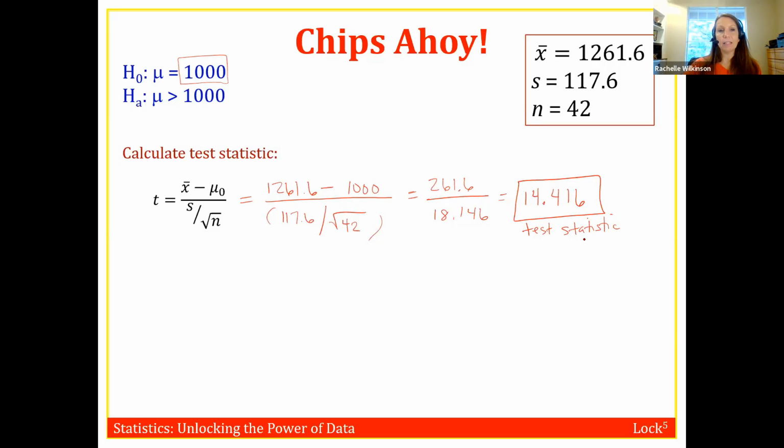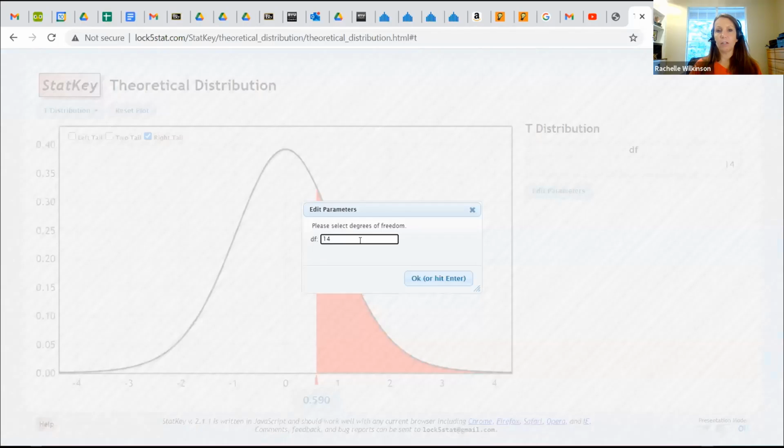Okay, so I have my test statistic. Now I'm ready to find my p-value. To find the p-value, I first need to know degrees of freedom, which is equal to n minus 1. In this case, 42 minus 1, which is 41. So now I'm going to go over to StatKey and change my degrees of freedom to 41.